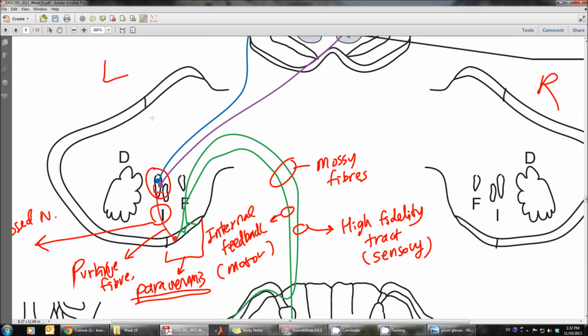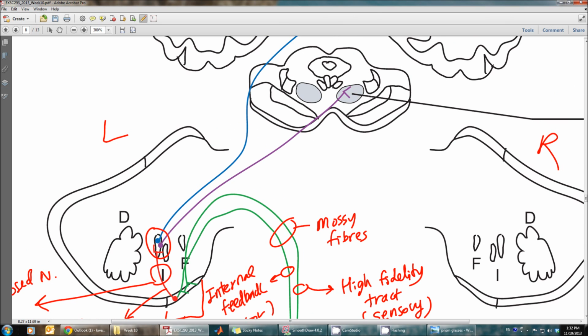So the word output came up twice when I described this. The output of the cerebellar cortex is the Purkinje fiber. The output of the cerebellum itself is our deep nucleus. So this interposed nucleus will send the outputs to the upper motor neurons. The purple fiber stops at this point.